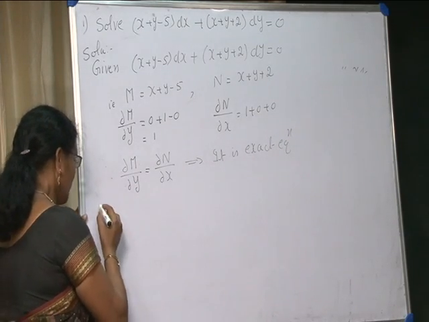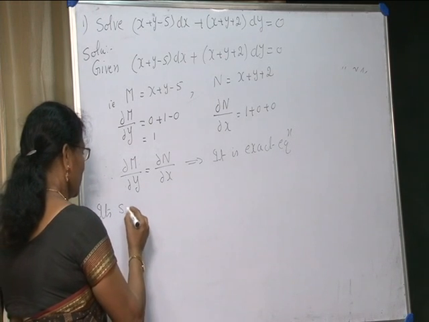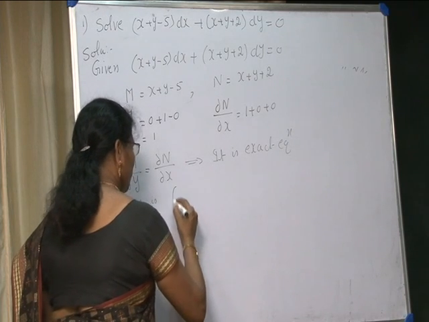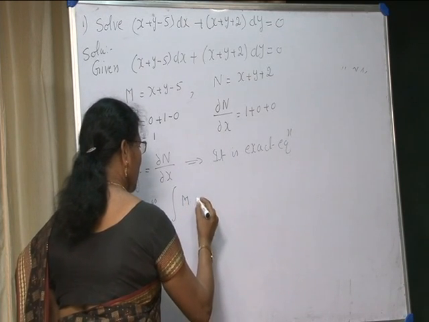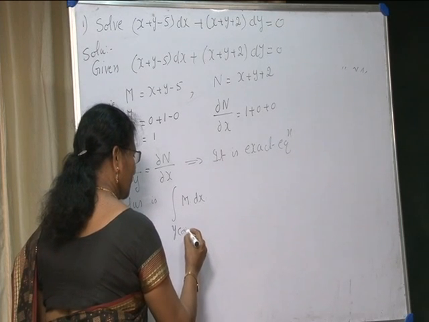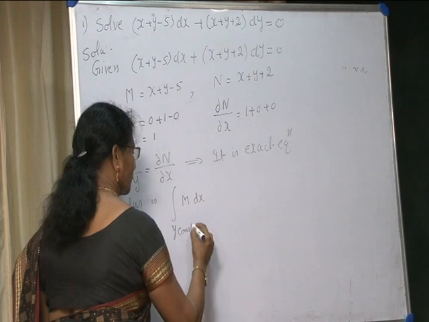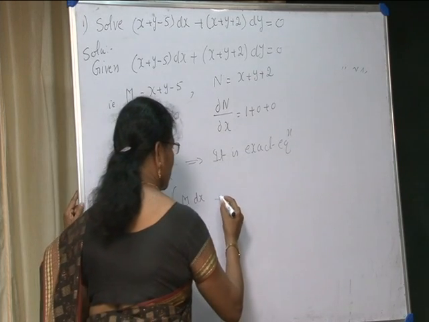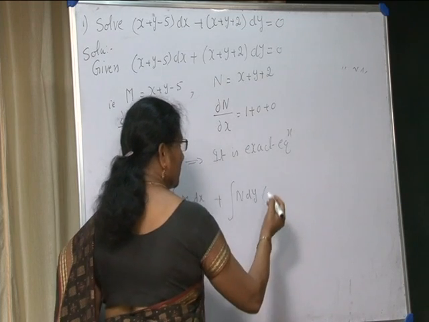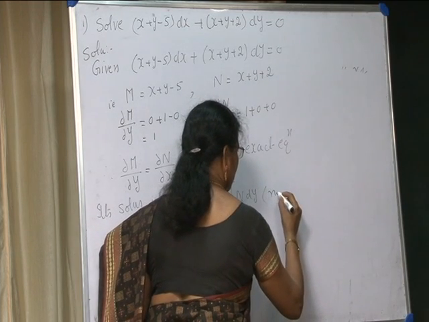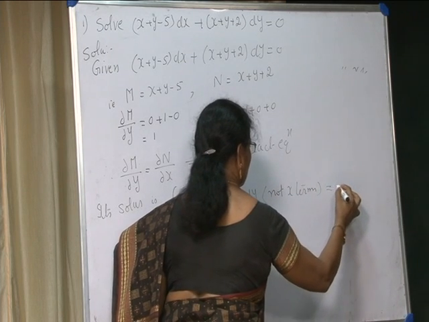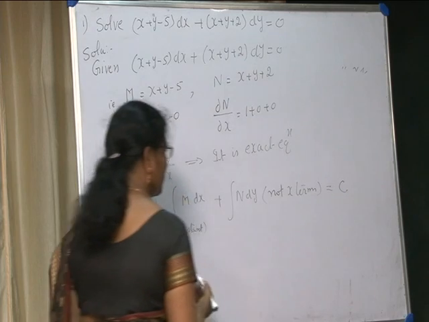Its solution is integration of M dx keeping y constant, plus integration of N with respect to y, not x terms, is equal to c constant.